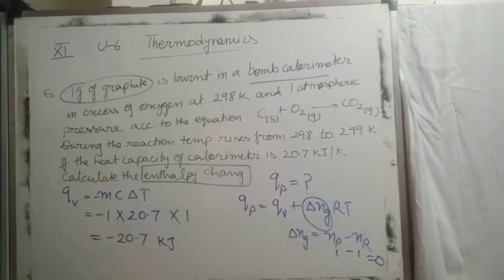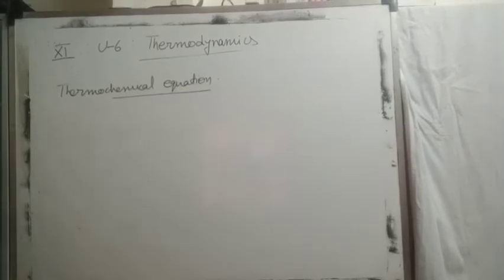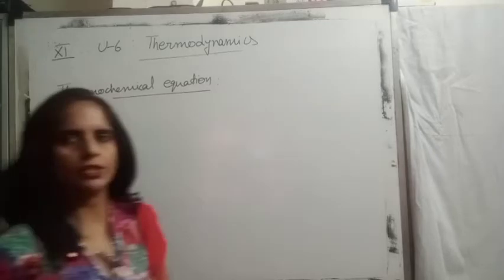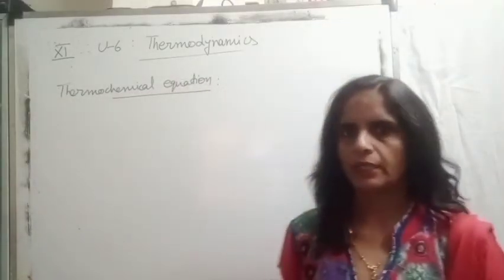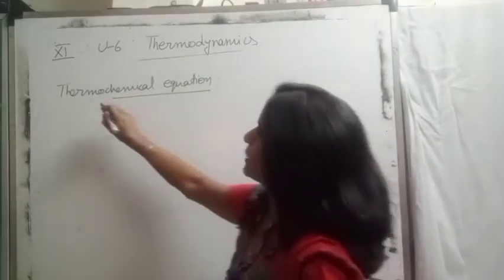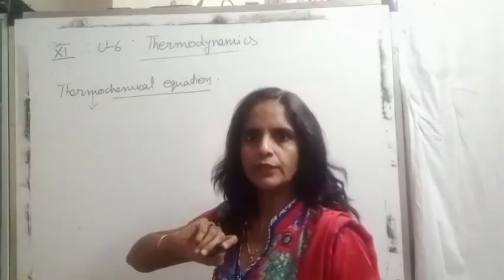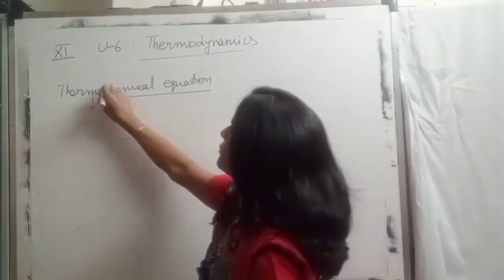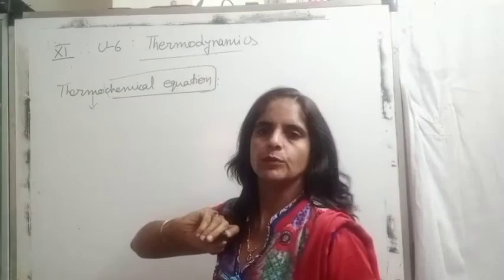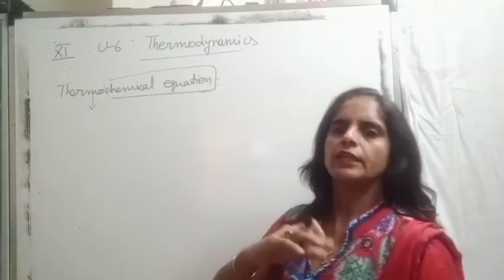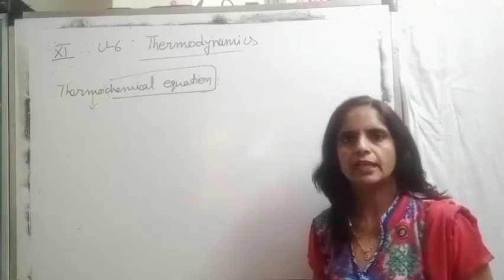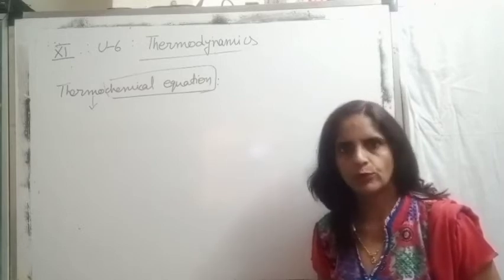Understood children? Now definition of thermochemical equation. What do we mean by thermochemical equation? Just check. Thermo what? Related to heat. Chemical equation, we already know that the symbolic representation of a true chemical change, right now, that is termed as a chemical equation.